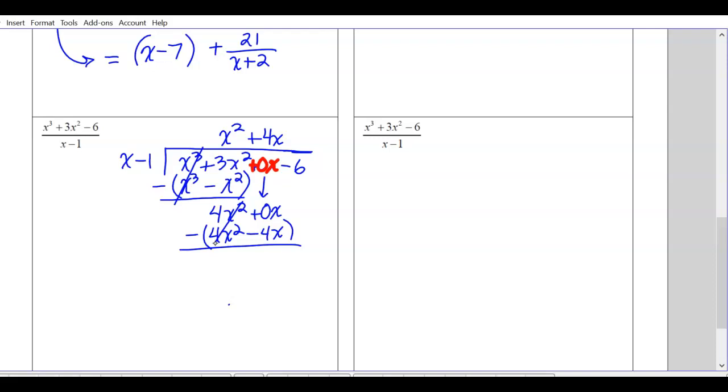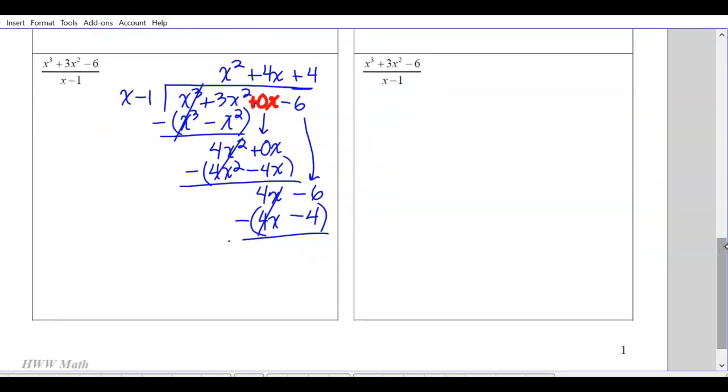So then 0 minus a negative is like adding, so that's 4x. And then 4x divided by x is 4. Okay, so now your remainder is negative 2.